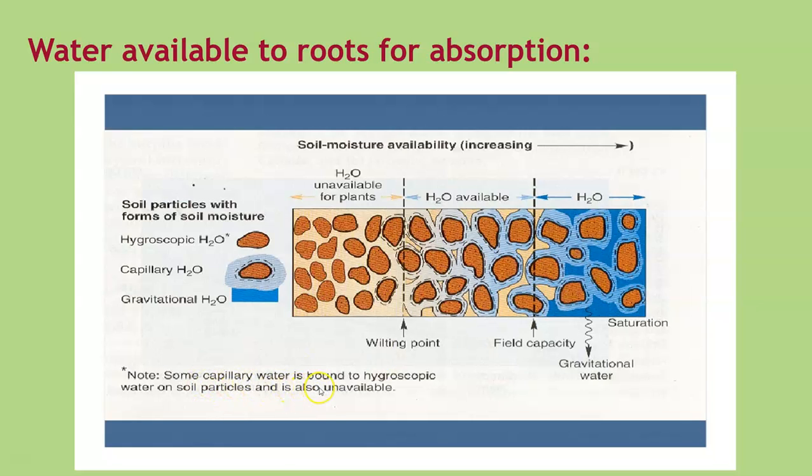Some capillary water is bound to hygroscopic water on the soil particles and is also unavailable. So here also you have little amounts of capillary water, but again this is not available. So the only water available is called the capillary water for the roots for absorption.